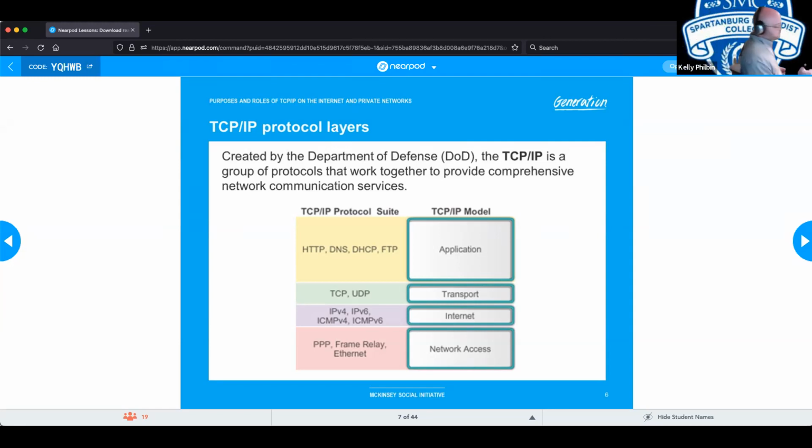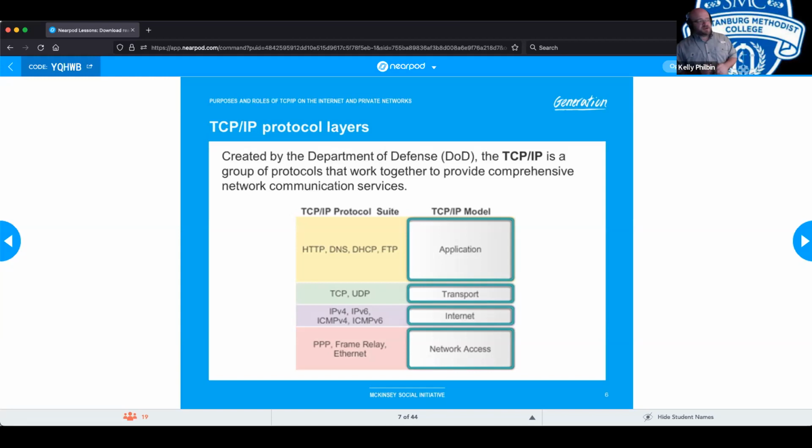And then we move up to our internet layer, which is also in the 5-layer model. This is actually what is considered your network layer. That is where you're talking about your IP addressing, your IP version 4, your IP version 6, and your ICMP protocol. Don't say that too fast.